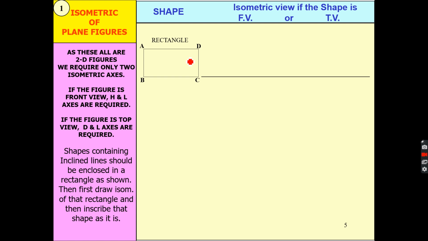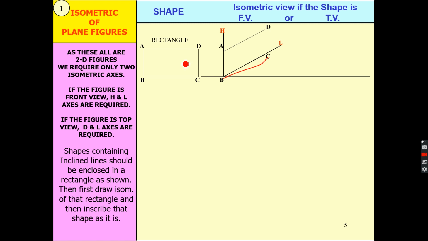First, you have to draw the two axes, that is L and H. This is your length, this is your height. So the two axes I will draw are the L axis and H axis. And if it is asked to draw an isometric view, mainly you have to draw the true dimensions of this rectangle. So this is your front view. This distance AB and BC are true lengths.